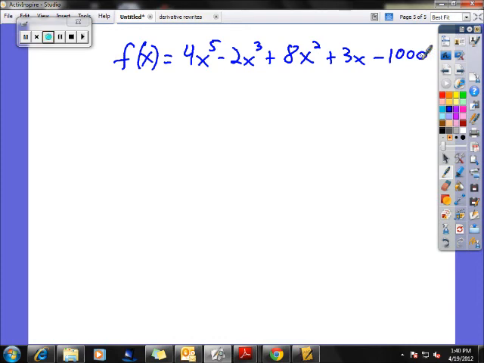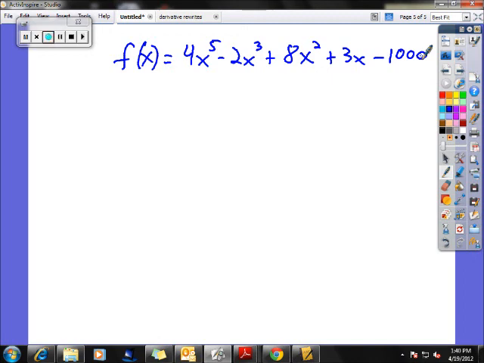Okay. Now, if you were to use the limit method to do this, it would be really bad. Because you'd have to go x plus h to the 5th and x plus h to the 3rd and x plus h squared and distribute all those and then combine like terms, it would take a lot. It would take several pieces of paper probably.